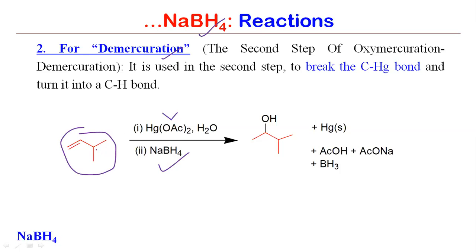So whenever this kind of compound is there, the negative part will attach to the carbon having less number of hydrogens. The first step is of course the addition of mercuric acetate, and in the second step, for the formation of the carbon hydrogen bond, for the removal of Hg from the carbon, we have to add sodium borohydride. So this is the second application of sodium borohydride.